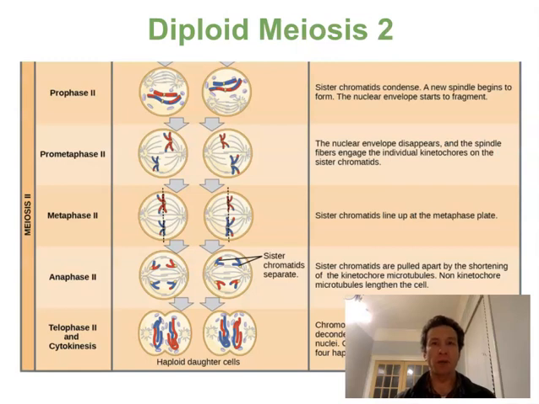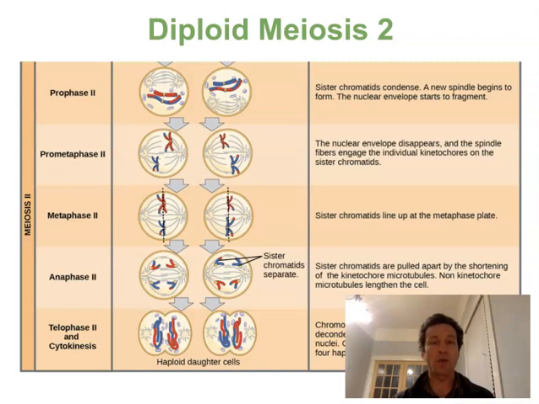Now what we need to talk about is meiosis II. And the short version of meiosis II in a sentence is meiosis II is identical to mitosis. The only difference is that meiosis II is preceded by meiosis I, while mitosis is preceded by replication of DNA in the S stage.